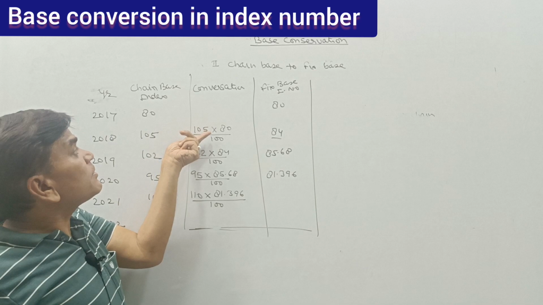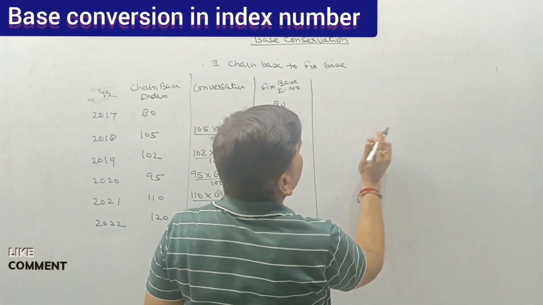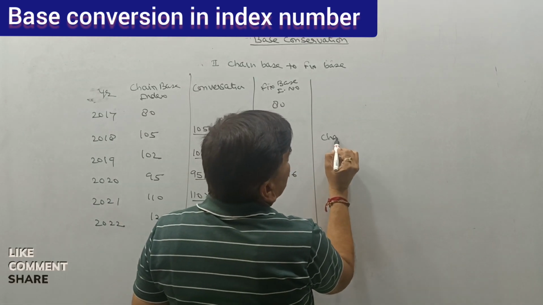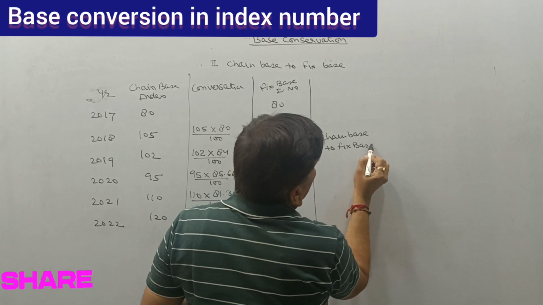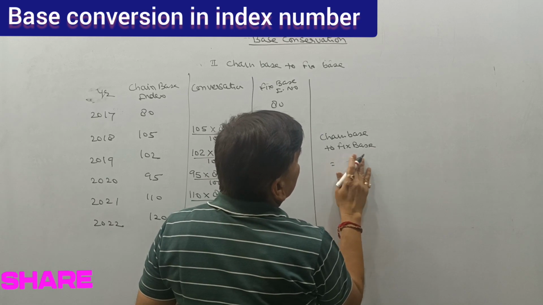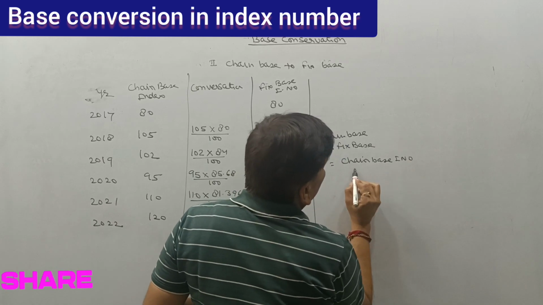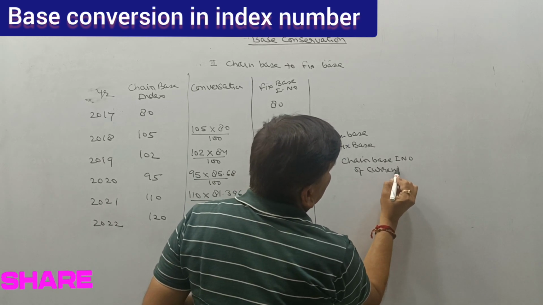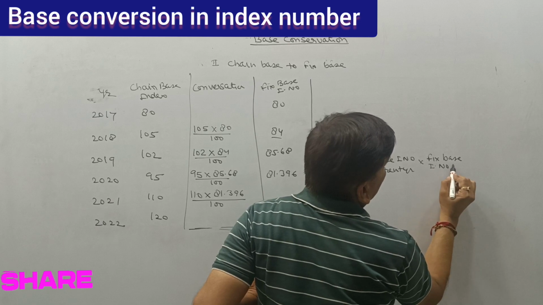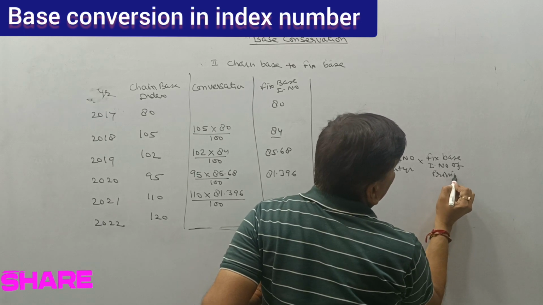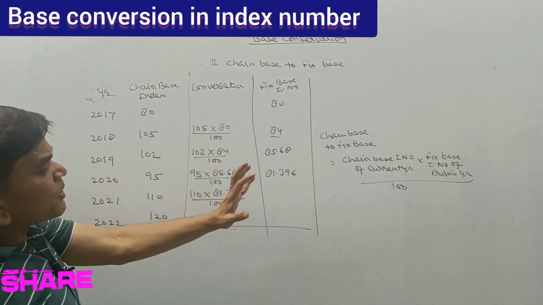So the formula will be: chain base to fixed base is equal to the chain base index number of the current year multiplied by the fixed base index number of the previous year, multiplied by 100. We have made some mistakes here, but no problem.